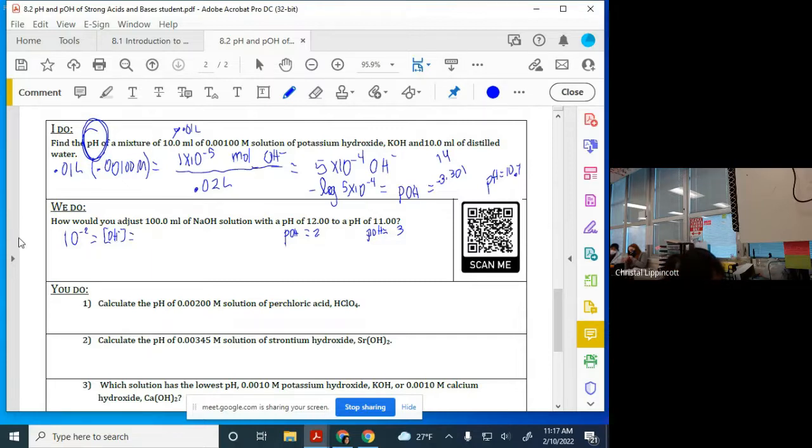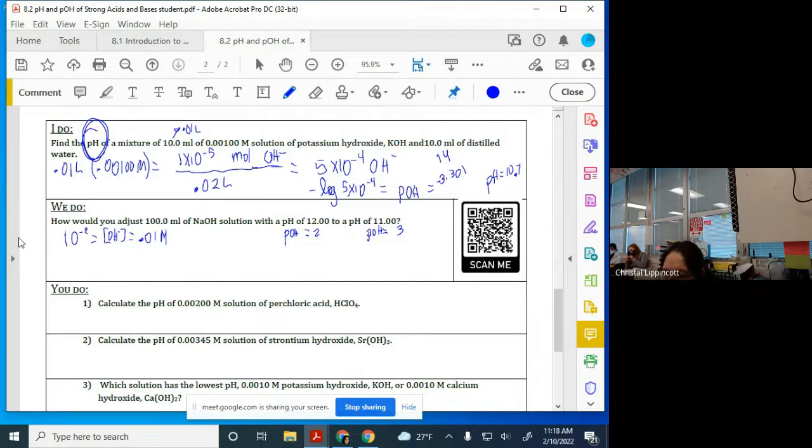So 10 to the -2, yep, is 0.01. So that's the molarity of my OH.